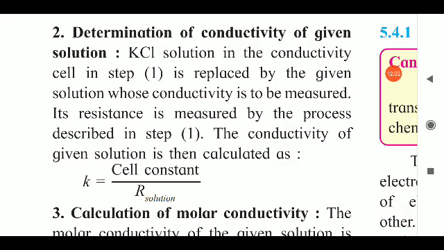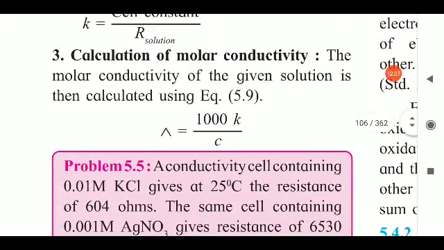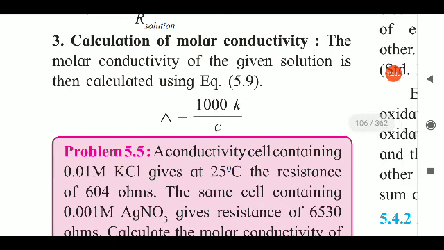Now students, the next point is the calculation of molar conductivity, which we already saw in our previous lecture. By knowing the values of K and C, we can calculate lambda, and we have seen some problems based on this formula. With the help of the value of K, we can also calculate lambda, that is, molar conductivity.